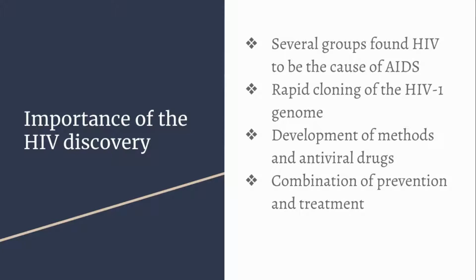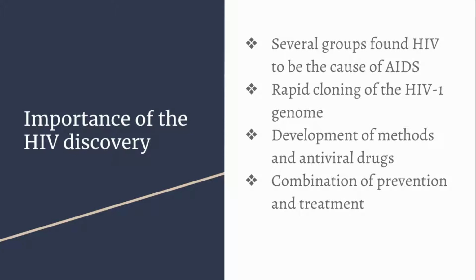This has allowed identification of important details in its replication cycle and how the virus interacts with its host. Furthermore, it led to the development of methods to diagnose infected patients and to screen blood products, which has limited the spread of the pandemic.